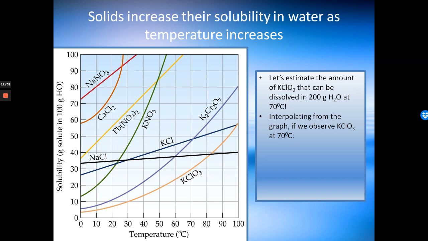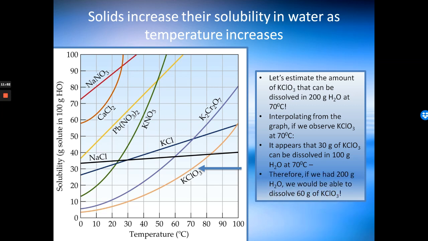Interpolating from the graph, it appears that 30 grams can be dissolved in 100 grams at 70. So if we had 200 grams, we would be able to dissolve 60, because it's 30 for every 100 at 70. So twice as much.